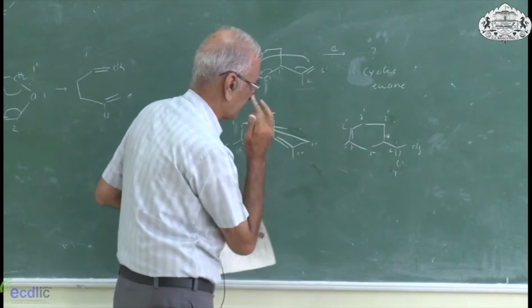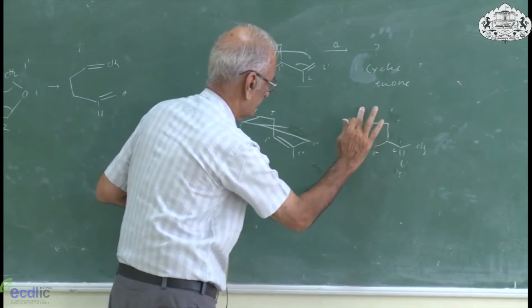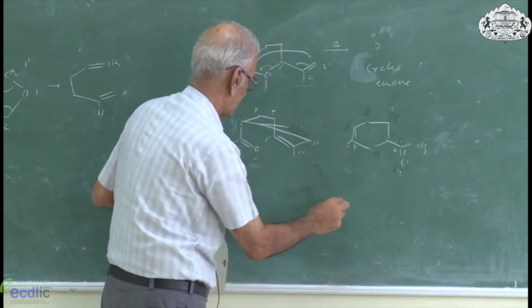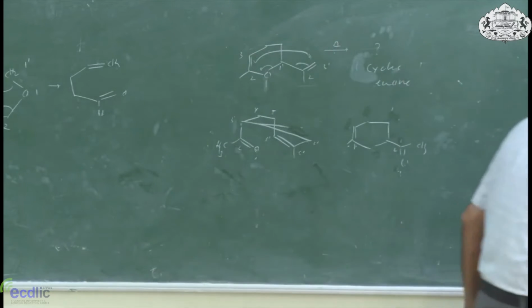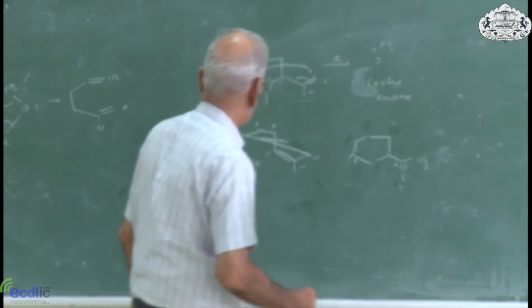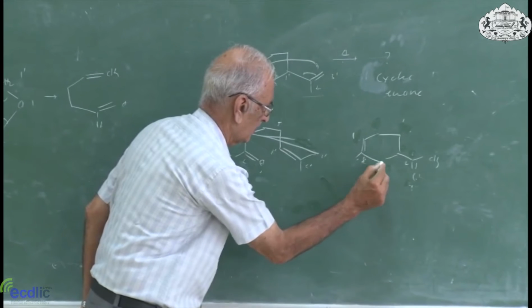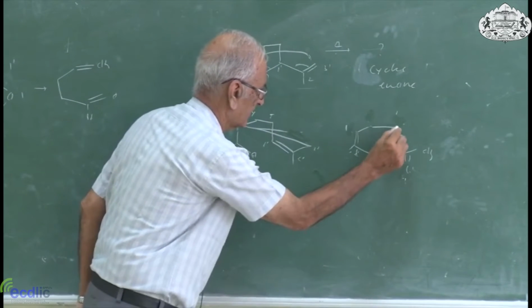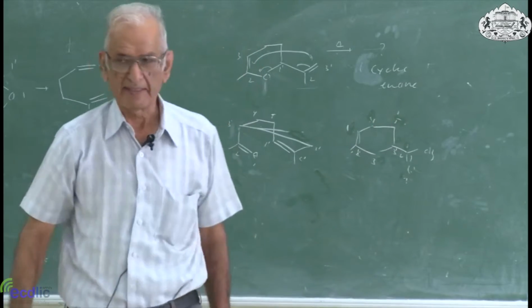That's the product, but let me get it correctly. What's the mistake? Okay. 1, 2, 3, 3 dashed. Okay. All right. So that's the product.